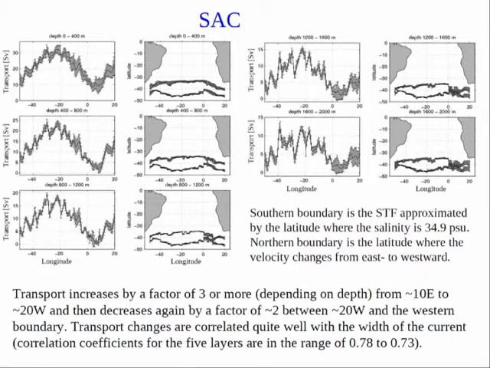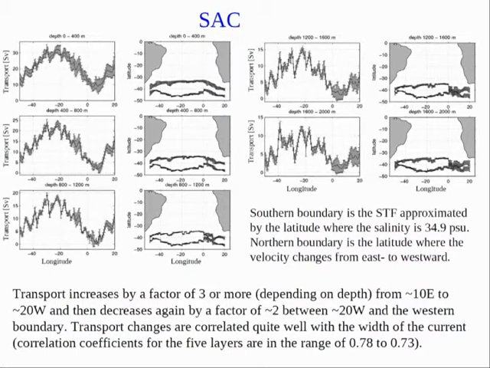And so in all the panels over here on the left, from the upper ocean down to the intermediate water, we see a pretty strong increase of the transport by almost a factor of 3, or even more than 3.